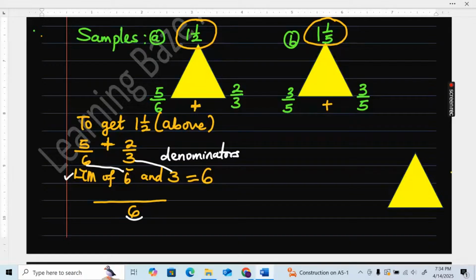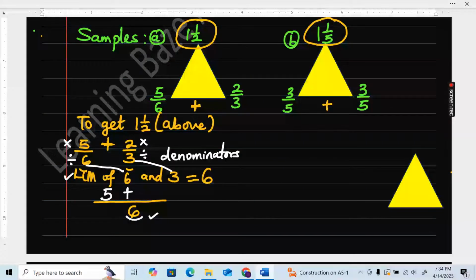The LCM is 6. We will divide the LCM by the denominator of 5 over 6. The denominator is 6, so we divide by the denominator and multiply our answer by the numerator. So 6 divided by 6 is 1. 1 times 5 is 5, plus 6 divided by the denominator 3, which gives us 2.